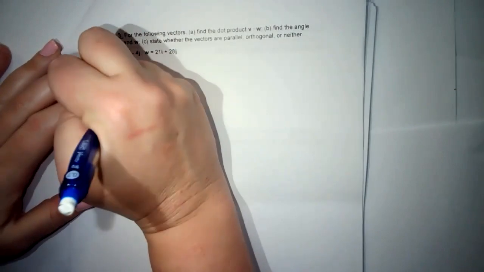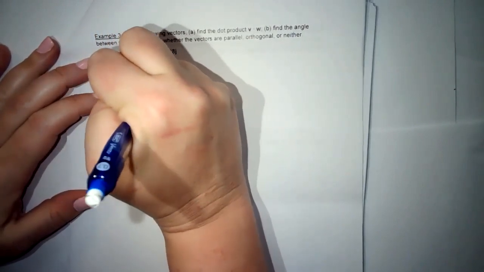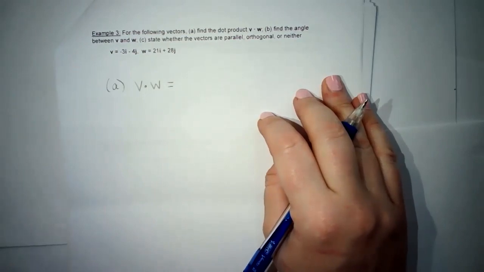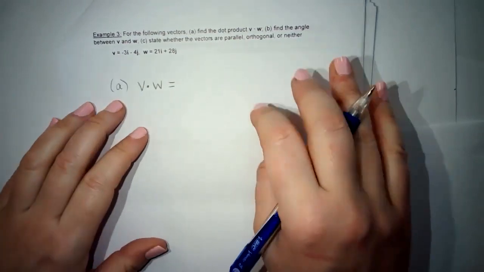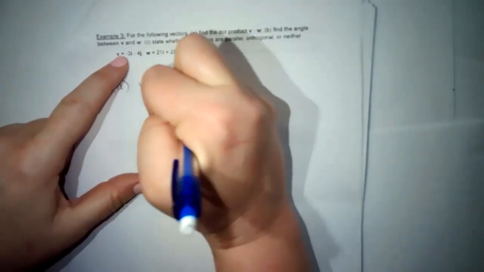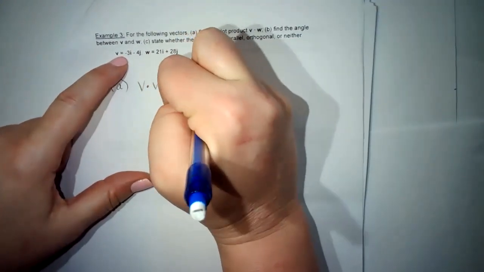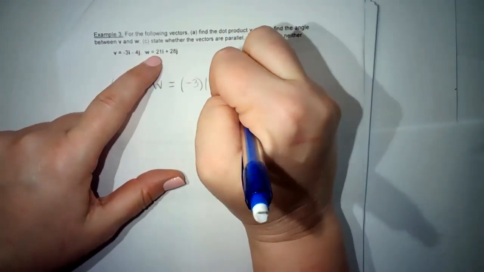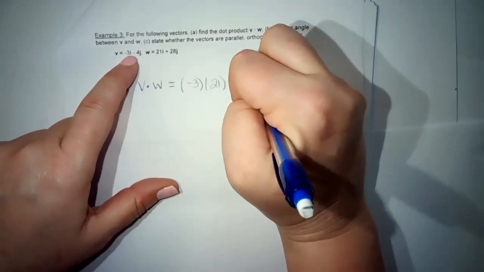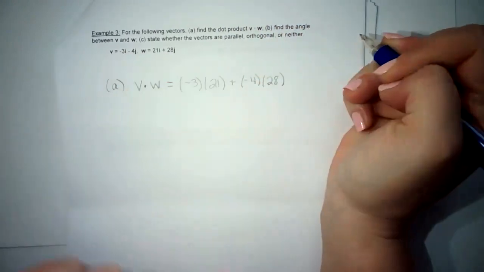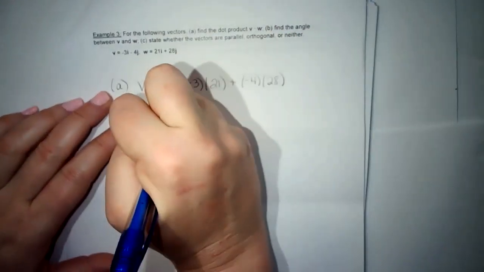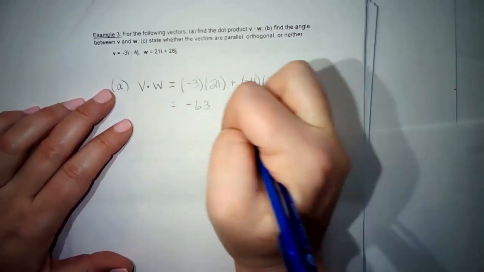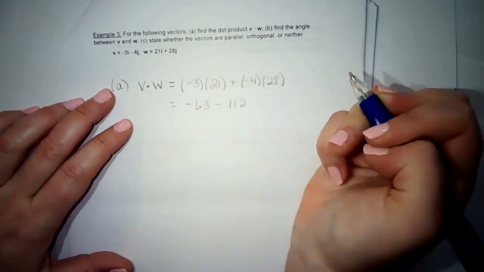First thing we're going to do is find the dot product. Feel free to make that a big old fat dot too, because you don't want to confuse it with multiplication. So I'm going to take the I component of V times the I component of W plus the J component of V times the J component of W. I'm going to get negative 63 minus 112.